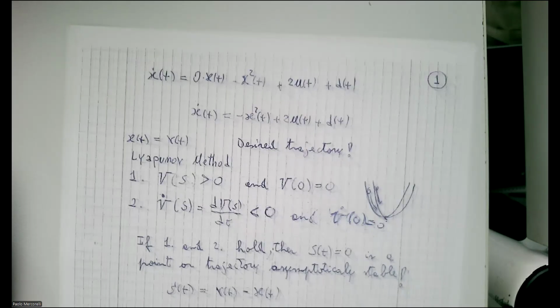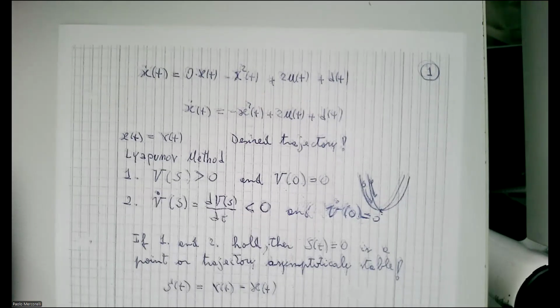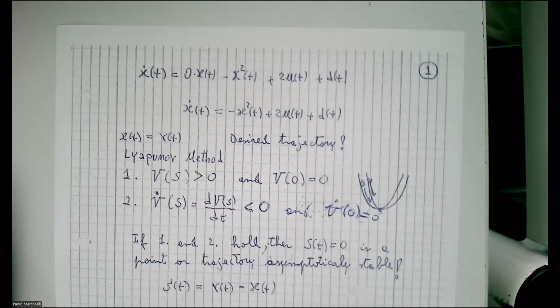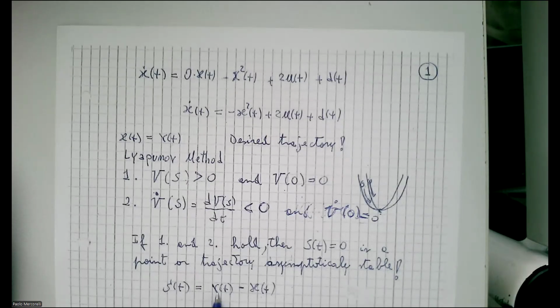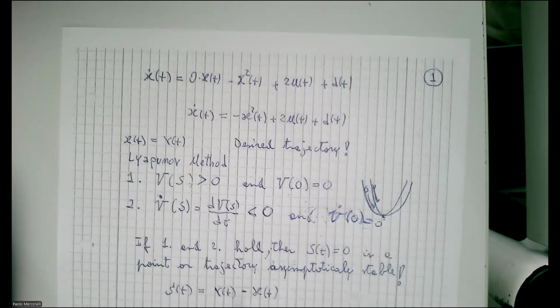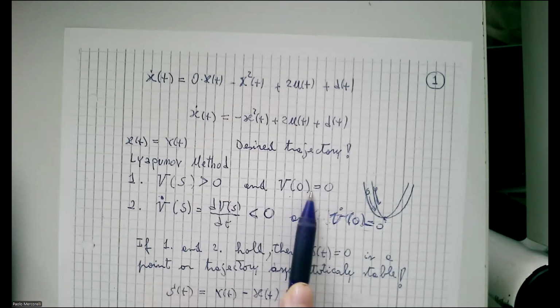Do you remember my introductory lecture? To steer the system to 0. But the 0 is just the ideal position. In our case, our 0 is x of t equal to r of t. Basically, our 0 is r of t. This is totally satisfied. Also, this one is satisfied if you consider that our 0 is r of t.